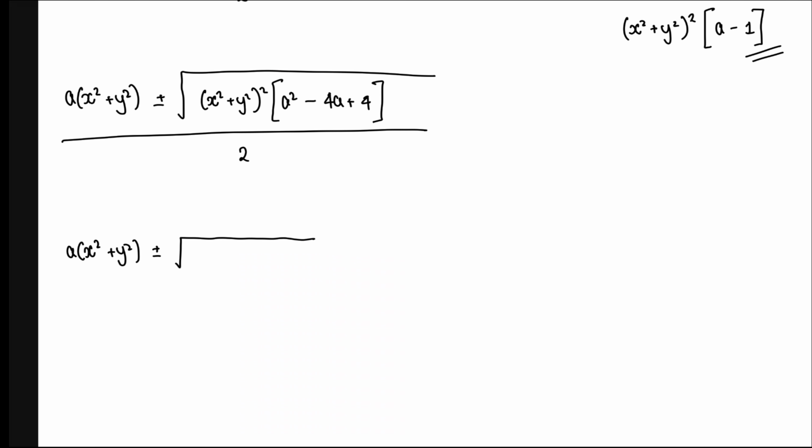Now we can factorize the quadratic a squared minus 4a plus 4. It is just (a minus 2) all squared. All of this divided by 2. And so we are left with, when we square root, (x squared plus y squared) and (a minus 2) all divided by 2.